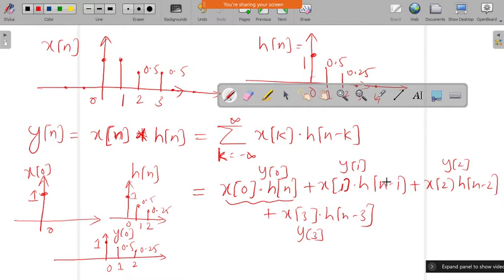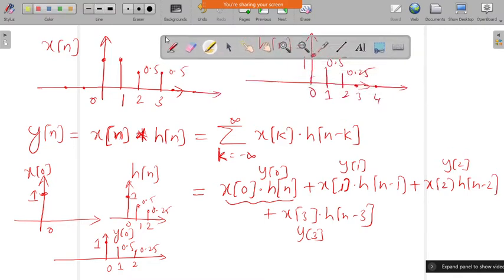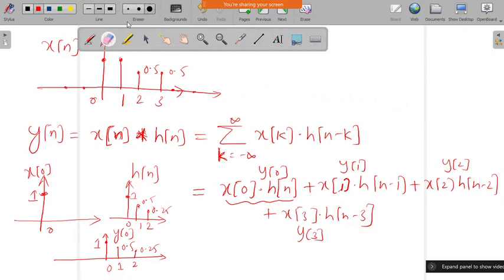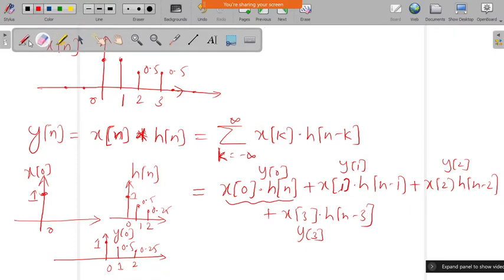Similarly, for y of 1 you need to do the same. Now what is x of 1? First I write x of 1 here. So x of 1 is actually at 1, with amplitude value 1.